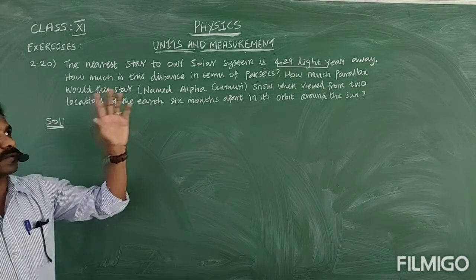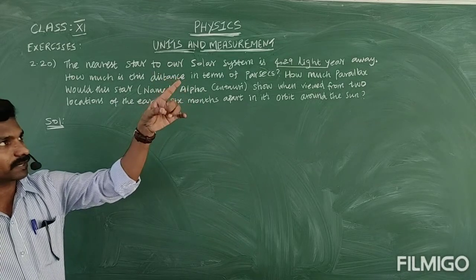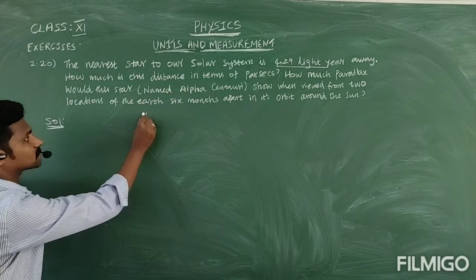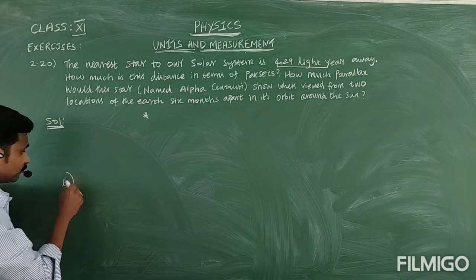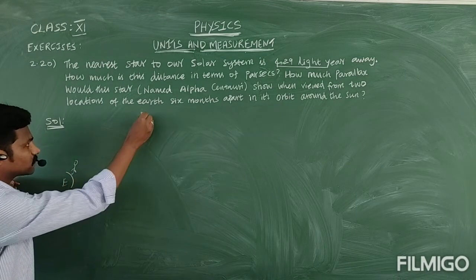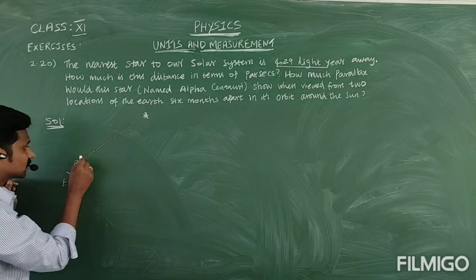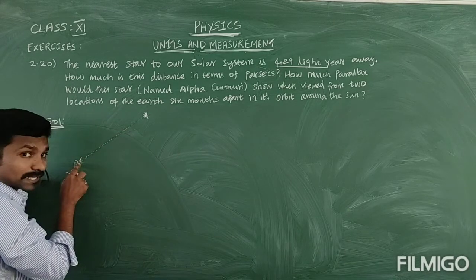Say for example, now I can observe one star. This is a star, and now I observe the star from the Earth. I am here, and I receive the light from the star.